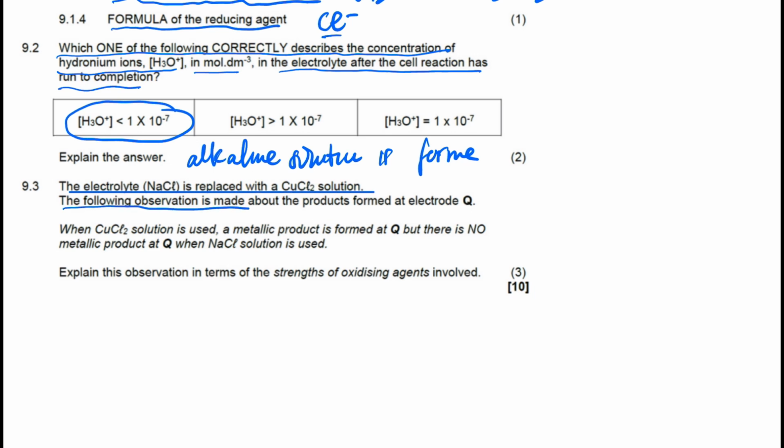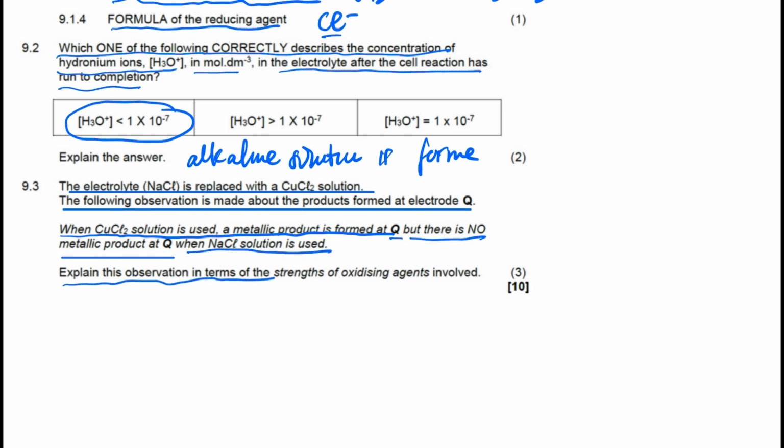The following observation is made about the product formed at electrode 2. When the copper chloride is used, a metallic product is formed at 2, but there's no metallic product at 2 when it was sodium chloride. Explain this observation in terms of the strength of oxidizing agents.